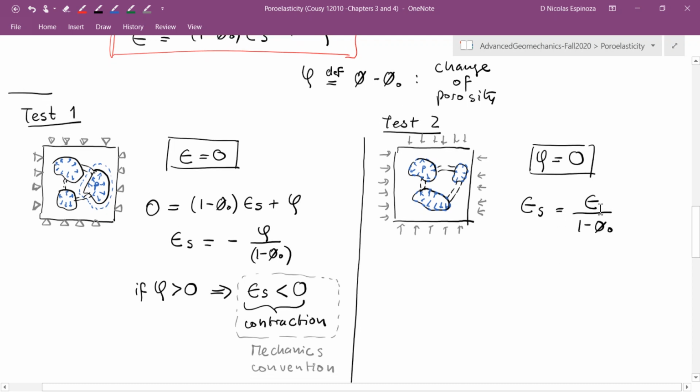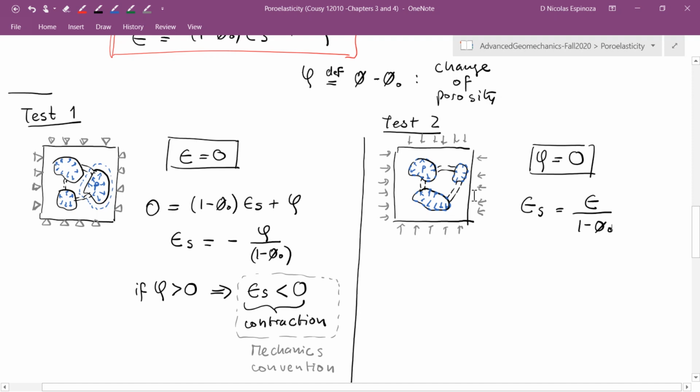If you were to apply a 10% strain on a porous solid and you don't let the pores shrink, and let's say that we have a 10% porosity, then the strain of the solid part will be 10% divided by 0.9. So that means it's going to be higher than 10%.